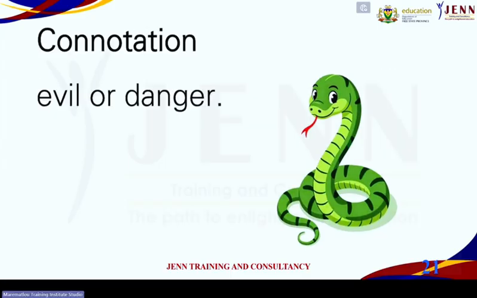In our society, a snake has a connotation to evil or to danger. And maybe you have a cartoon or an advertisement in a paper where they use a snake, the snake's connotation, not the snake's denotation.